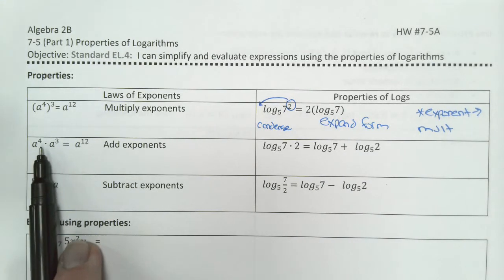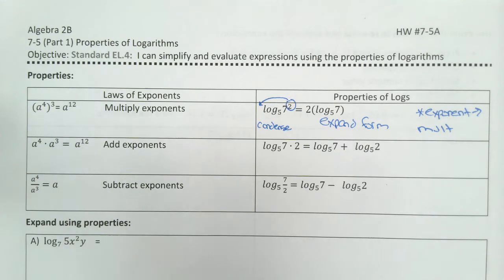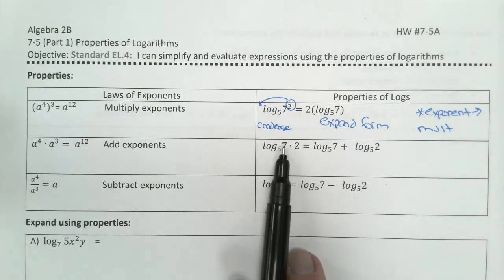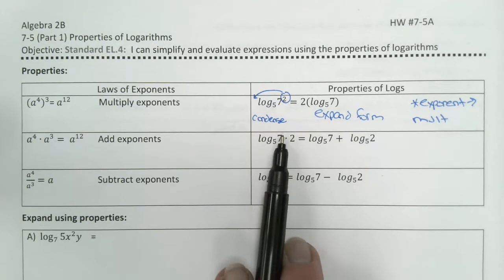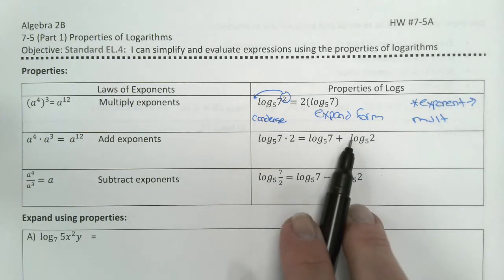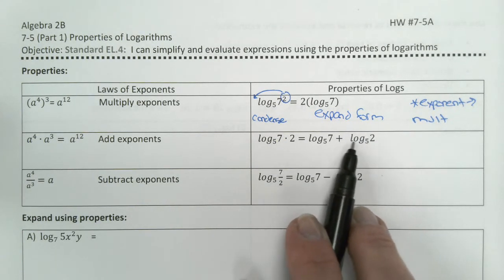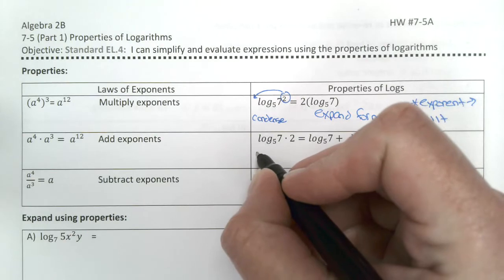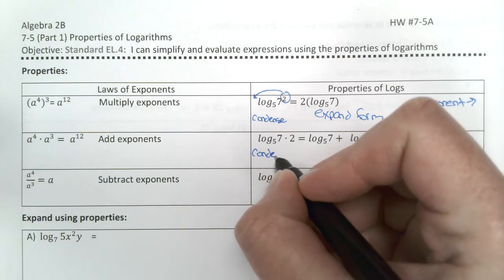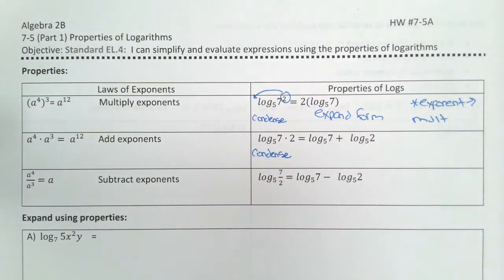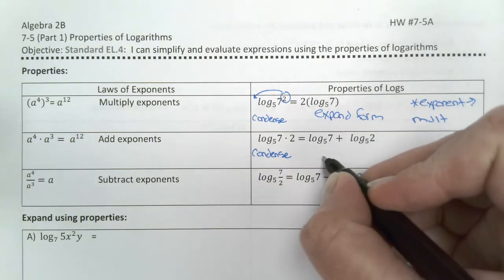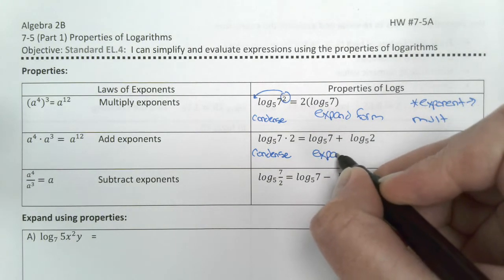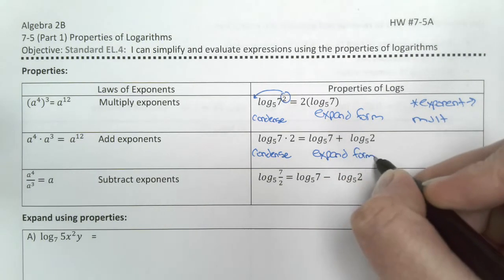In the laws of exponents, when you are multiplying variables, you add the exponents. And so in logarithms, when you multiply, if you wanted to expand it, you would take them and break them apart and you would add them. So this left side is what it looks like when it is condensed, and this right side is what it looks like in expanded form.